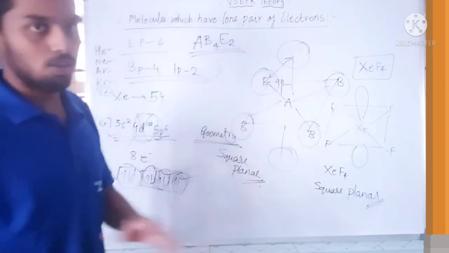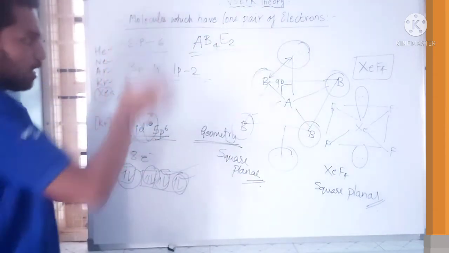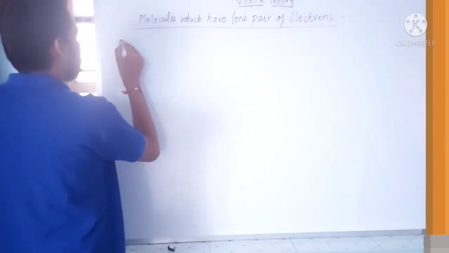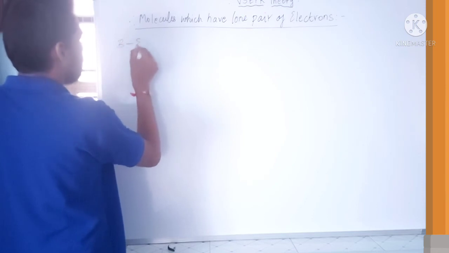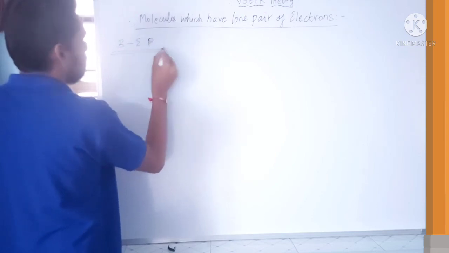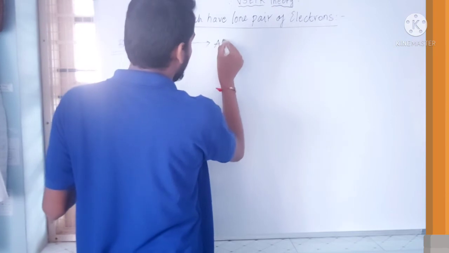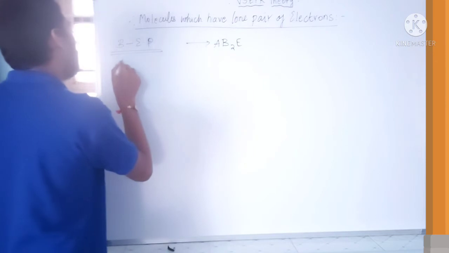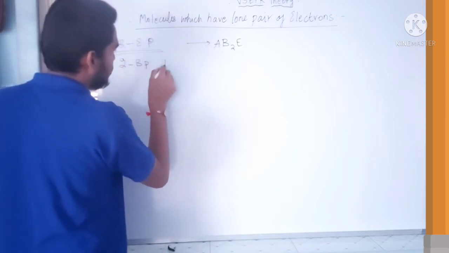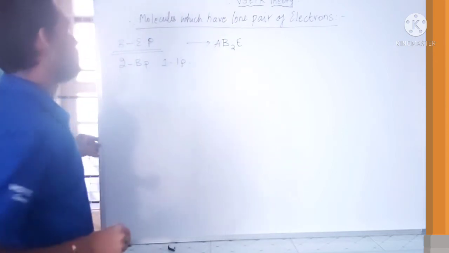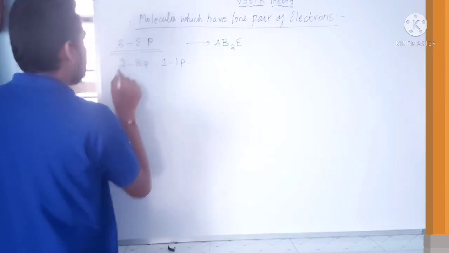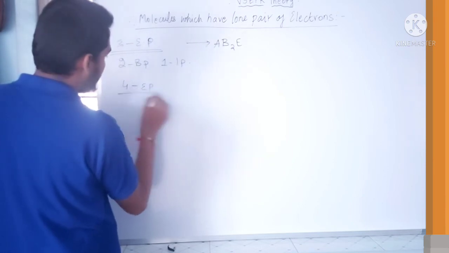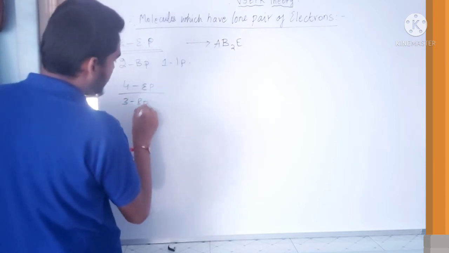So let me just write all the general formulas in a single row so that you can easily remember things. If there are 3 electron pairs, then it is AB2E, so it is 2 bonded pairs and 1 lone pair. If there are 4 electron pairs, then there are 3 bonded pairs and 1 lone pair.